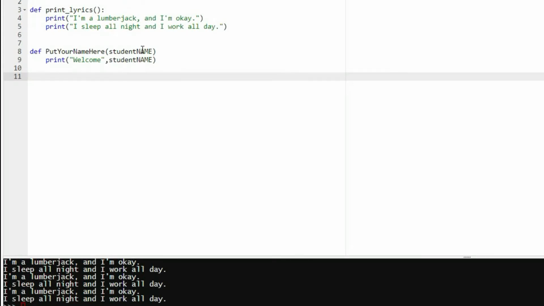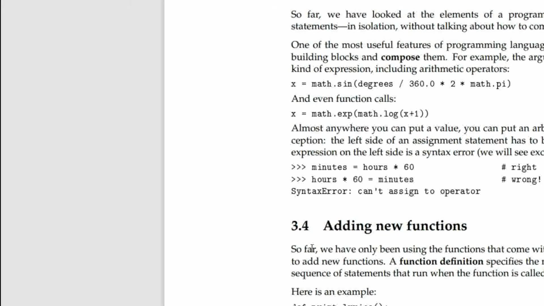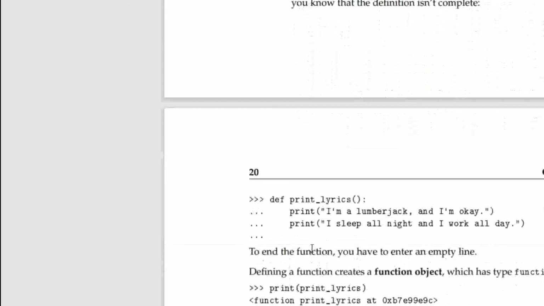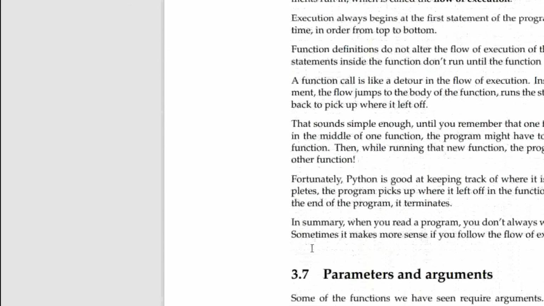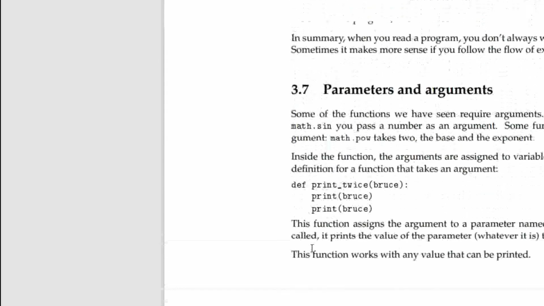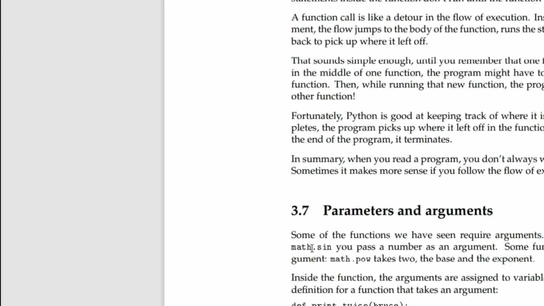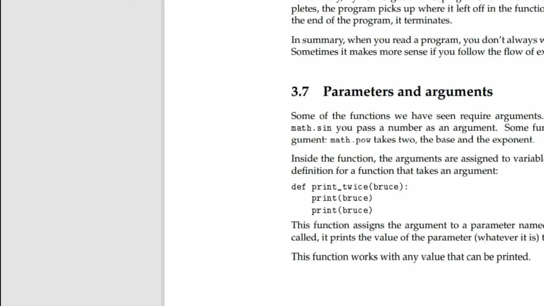Student name here is what you call a parameter. If you go to the textbook, there's going to be a lot of reading to do, and I know it's going to be a bit challenging, but let's see if we can do this together. You can find that explanation in 3.7 in your textbook. As you can see here, it says that the arguments are assigned to variables called parameters. So when you have a variable inside of a function, it's called a parameter. I'm going to show you how you explain all of this when you run the code.